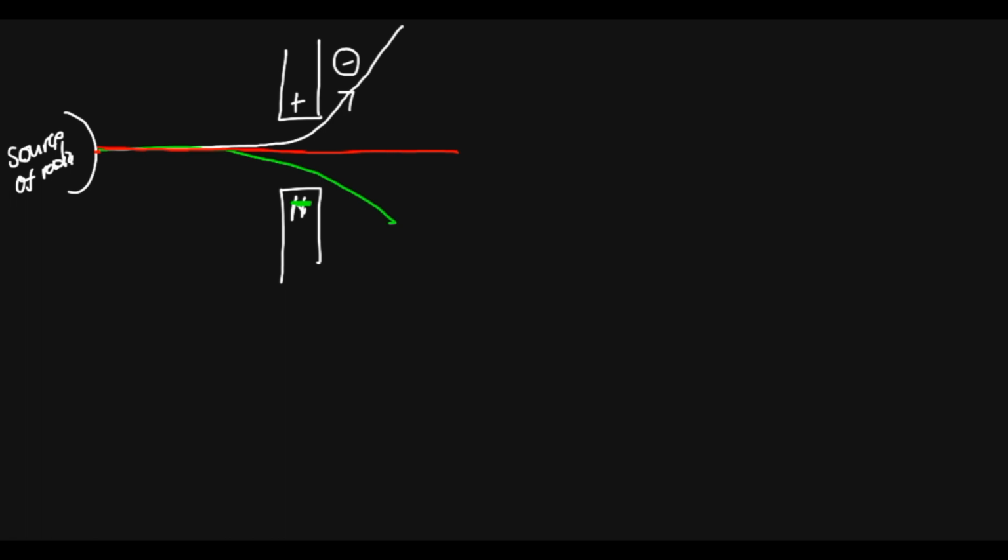So sometimes you may encounter a question where you have been given letters, maybe A, B, C. Then you are asked to identify the three radiations represented by the letters. So you just have to look at the deflection and also the charges.